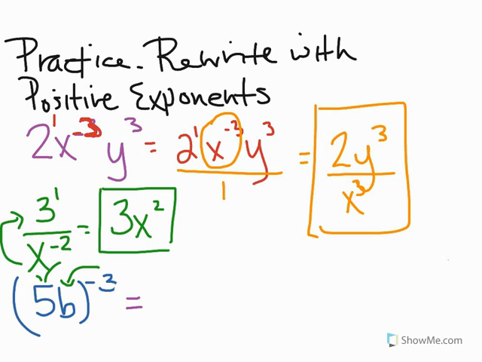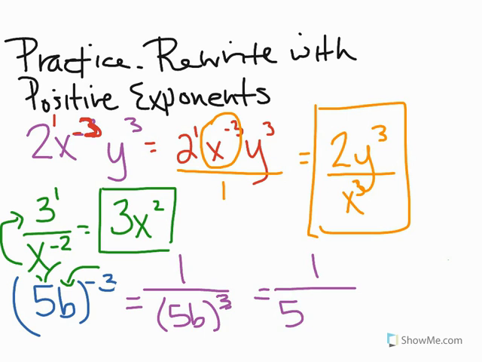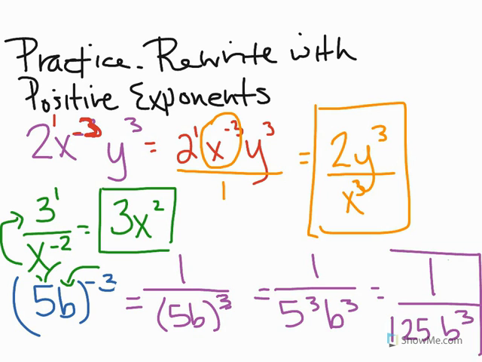So, 1 over, you're going to put 5b in parentheses, and since we've already put it into a fraction form, this is going to be a positive 3 down here. And from there, you can go ahead and split it up. 1 over 5 to the third, b to the third. It looks almost exactly the same because it is almost exactly the same. And you will get exactly the same number as anyone else if they did their steps right, and you did also. So that'll be your answer on that one.